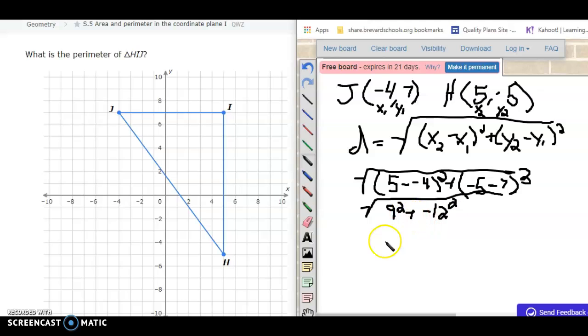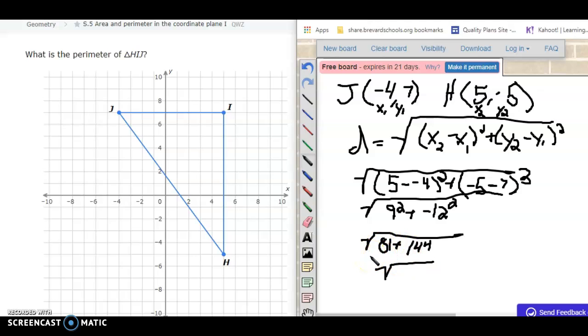Now I'm going to do my exponents. 9 squared, well, that's 9 times 9, which is 81, plus -12 squared, which is -12 times -12, which is 144. I'm now going to add those two together.